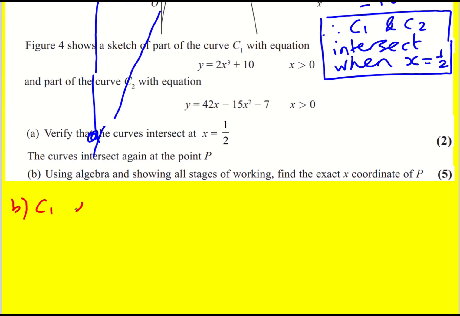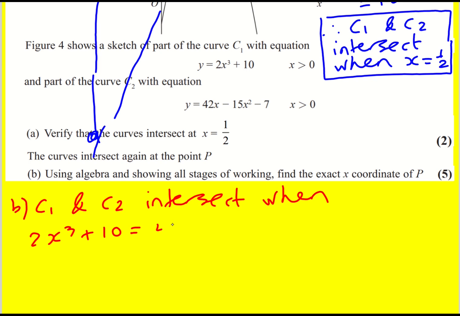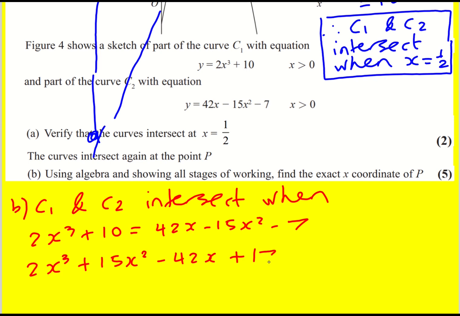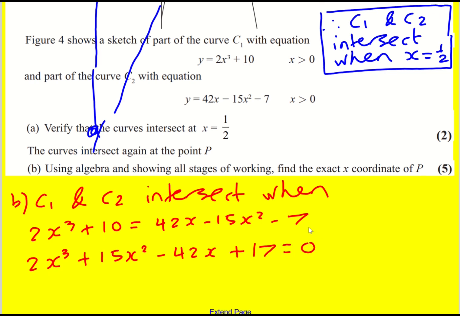Okay, so C1 and C2 intersect when 2x cubed plus 10 equals 42x minus 15x squared minus 7. So I can turn this into a cubic equal to 0. So 2x cubed plus 15x squared minus 42x plus 17 is equal to 0.